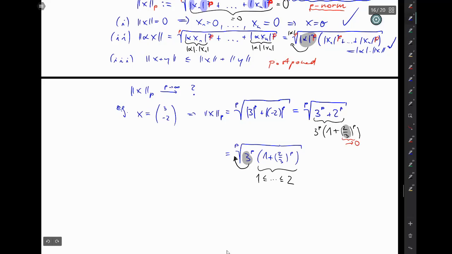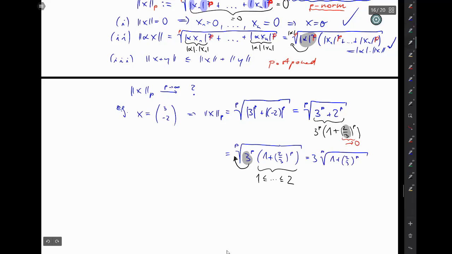So as a consequence, we have 3 times the pth root of 1 plus (2/3) to the power p.